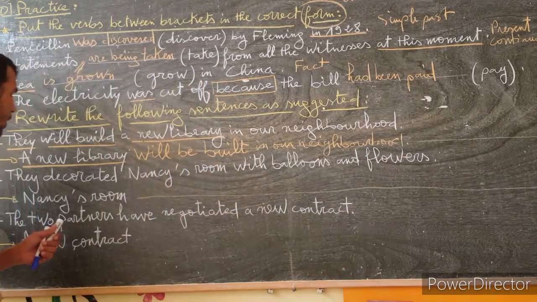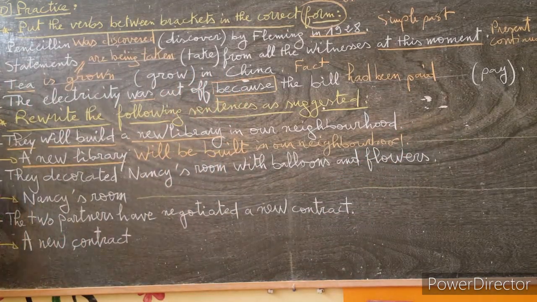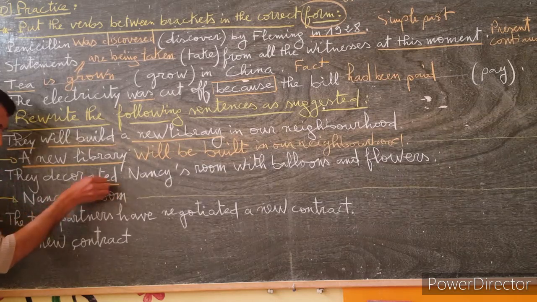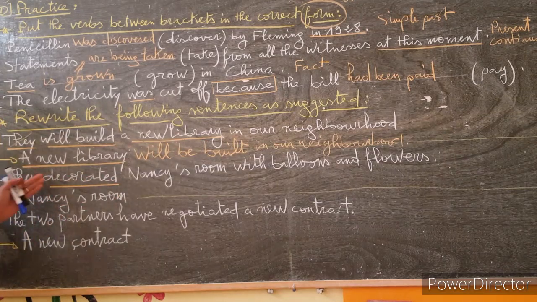Here we go. Moving to the second one. They decorated Nancy's room with balloons and flowers. What's important for us in passive voice is to see the tense of the verb. So, the verb here is in the simple past. The verb be in the past is was or were.